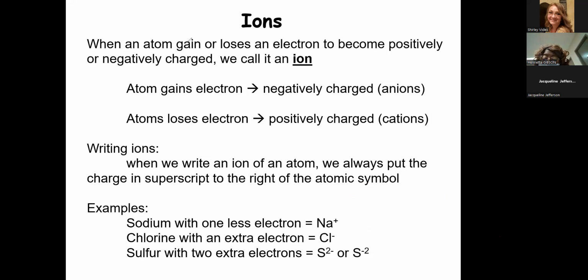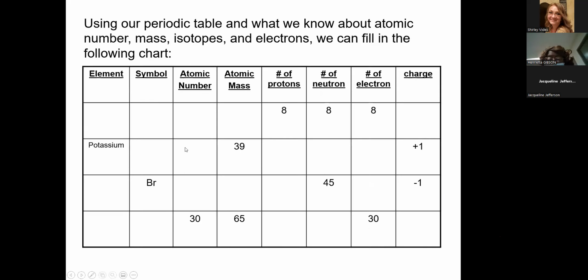So let's do a little exercise on that. Right here we have an exercise. Remember, number of protons is what identifies everybody. So this is what tells me which element this is.